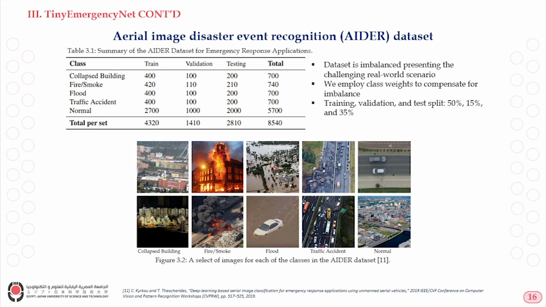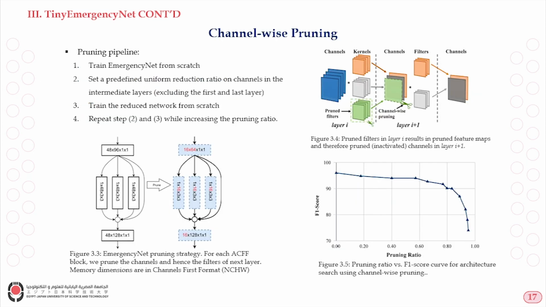So the first thing we performed on the EmergencyNet is channel-wise pruning. And remember, we said depending on the granularity of pruning, we will get a more efficient implementation on hardware. So we did channel-wise pruning, and the pipeline we took is that we first trained the EmergencyNet from scratch to evaluate its performance, and then we set a predefined uniform reduction ratio.